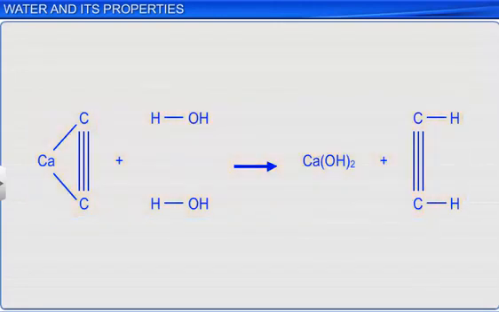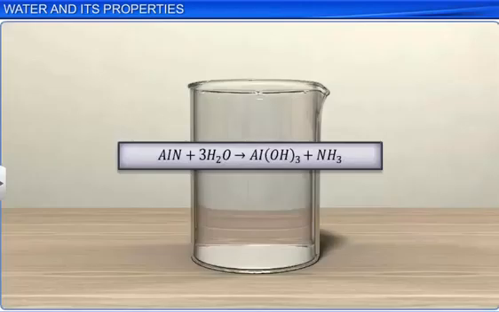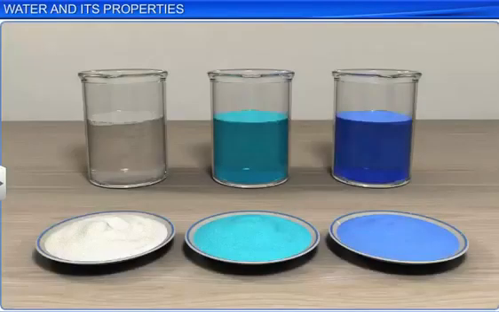Hydrate formation. Many salts can be crystallized as hydrated salts from their aqueous solutions. There are 3 types of hydrates. The first type of hydrate is coordinated water.